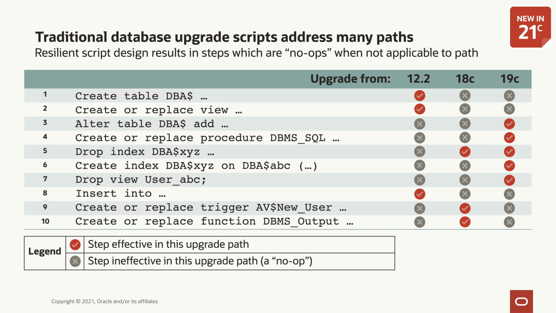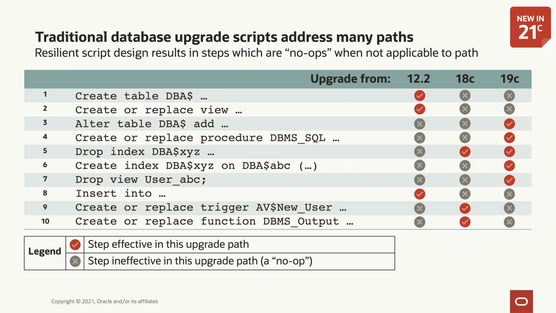With this in mind, we can see that in general, any upgrade execution is going to involve some steps which are effectively no-ops, because they do not apply to that upgrade path. This is how the upgrade is written, to be very resilient. However, there is a performance cost for each of these no-ops. Individually, each no-op is pretty cheap, but cumulatively, the cost can be quite significant.